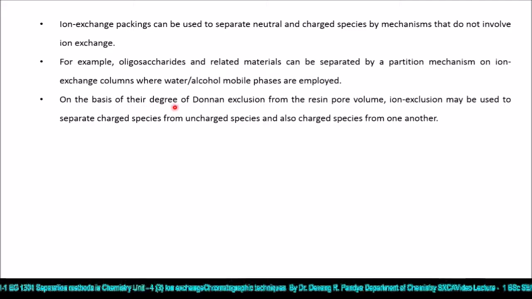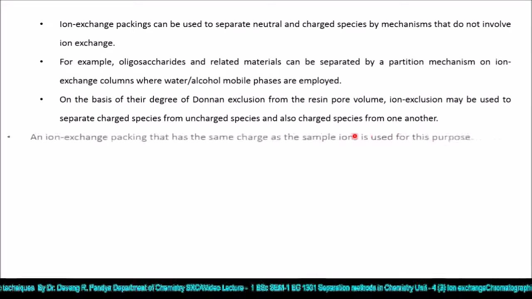On the basis of their degree of non-exclusion from the resin pore volume, ion exclusion may be used to separate charged species from uncharged species and also charged species from one another.